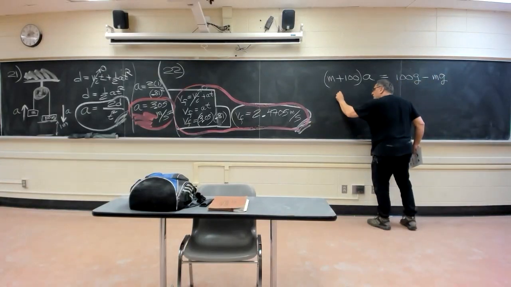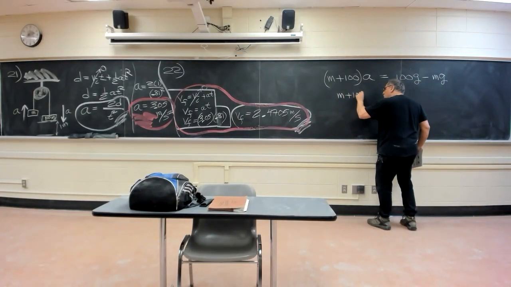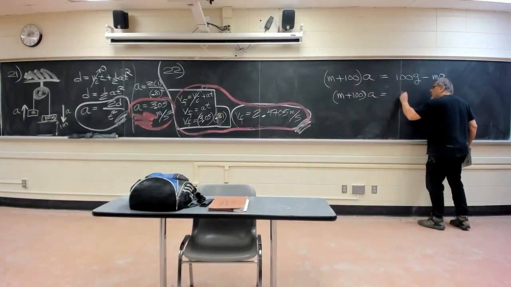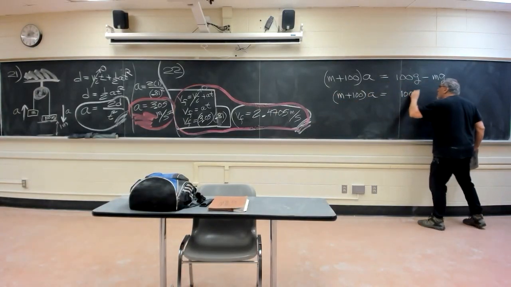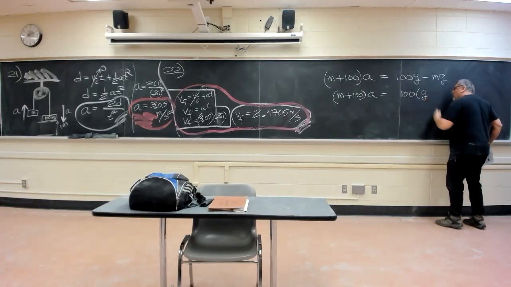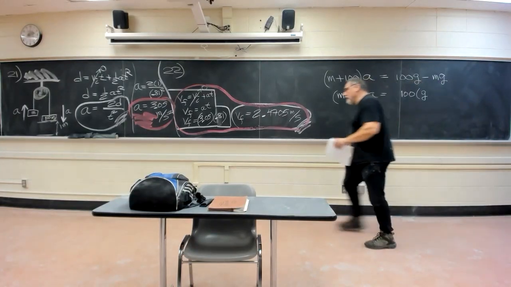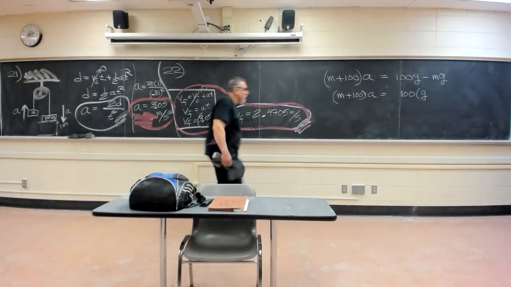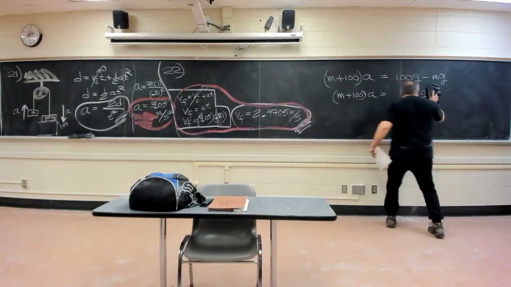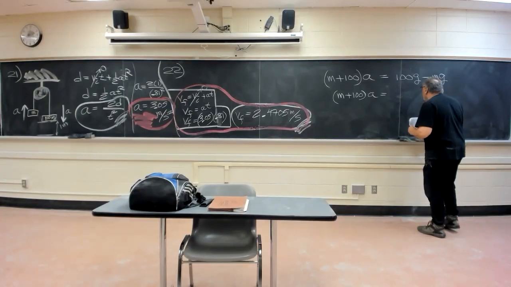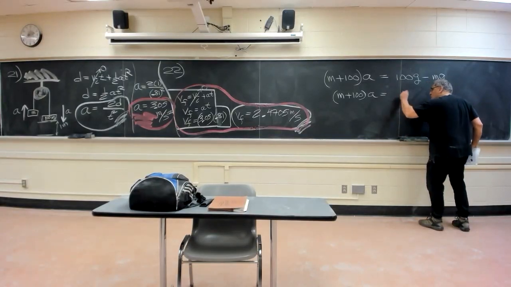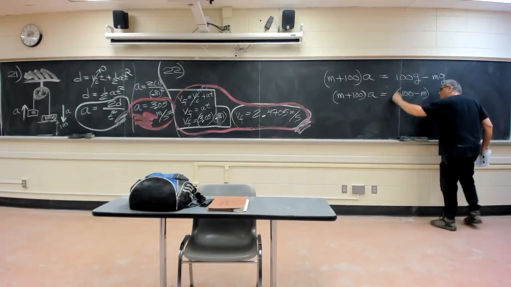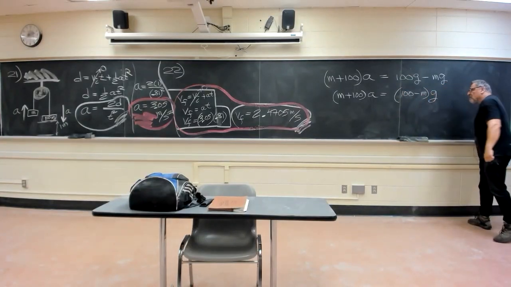It's basically doing this: (m plus 100) times a equals 100g minus mg.